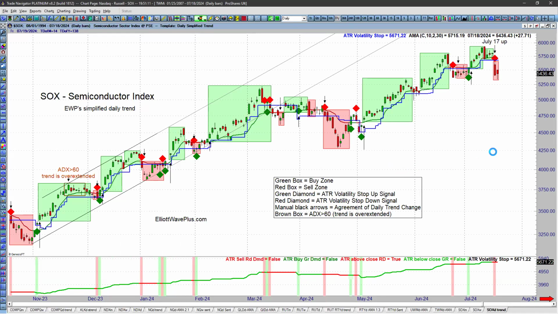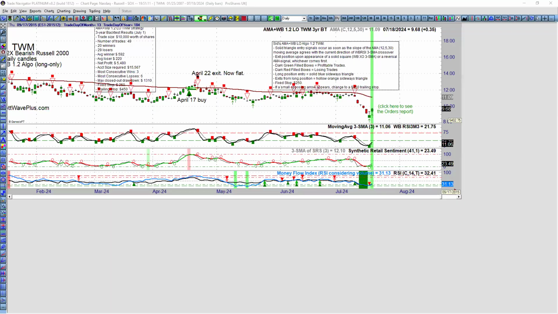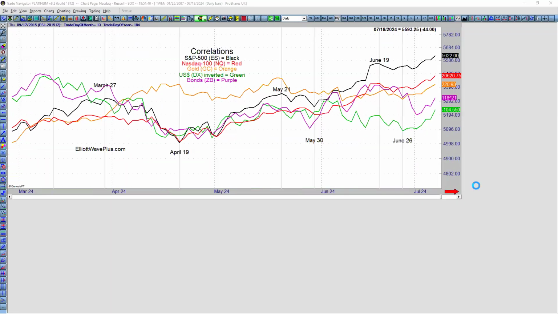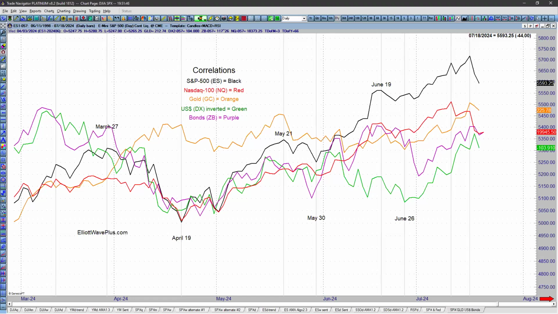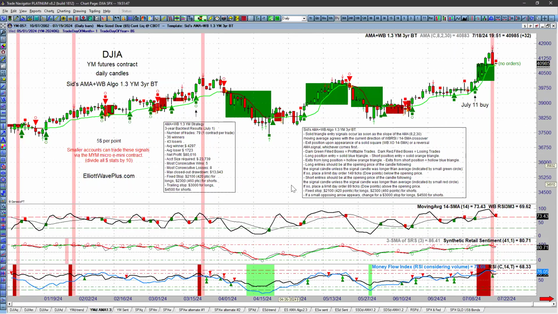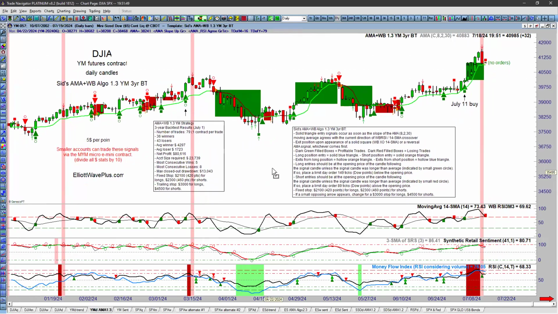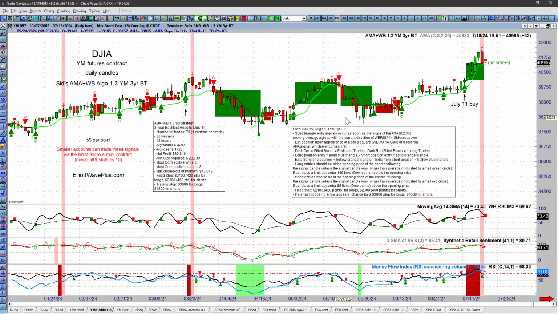While I'm waiting for that to come up, I'm going to show you there's something called equity curves. So when I build an algo and I back test it and optimize all the settings on the algo, we'll start with the YM contract algo on the Dow Jones Industrial Average. And the algos are strictly based on momentum.